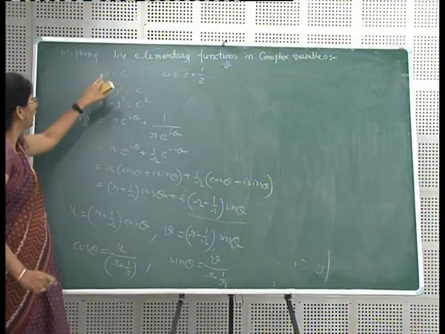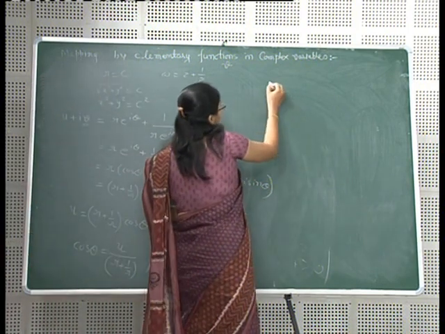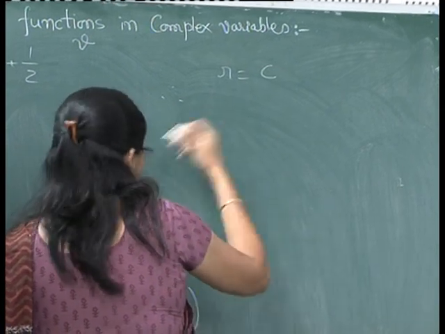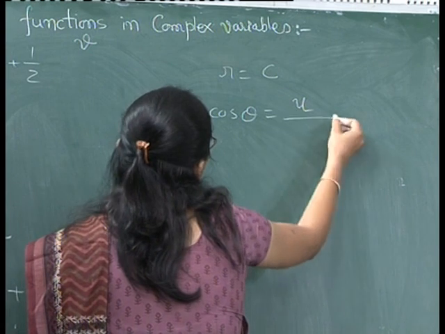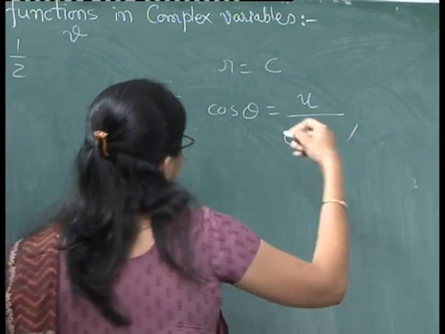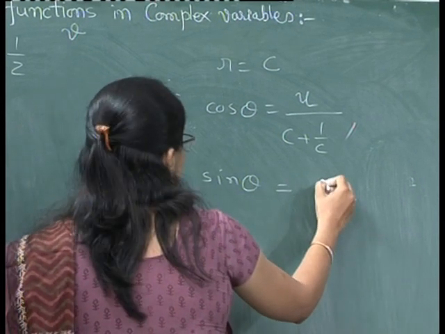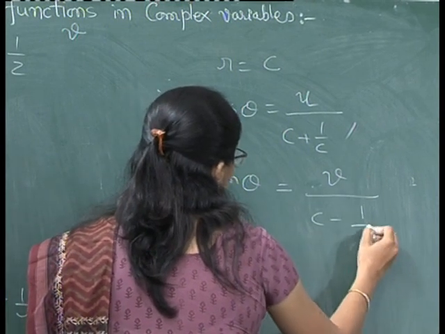Now r is equal to c, putting r is equal to c in these two equations, cos theta is equal to u upon (c plus 1 upon c), and sin theta is equal to v upon (c minus 1 upon c).